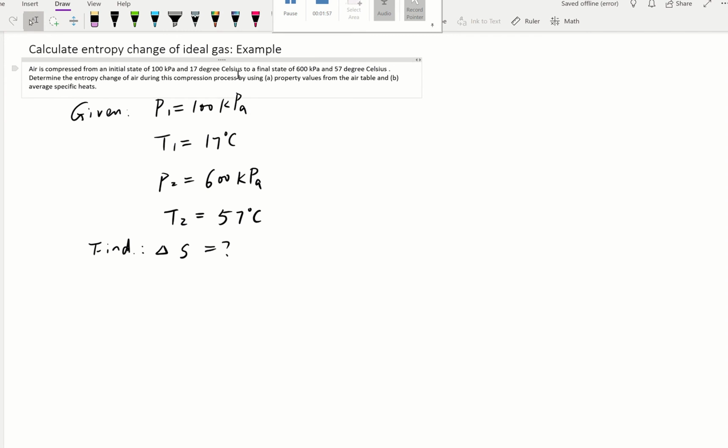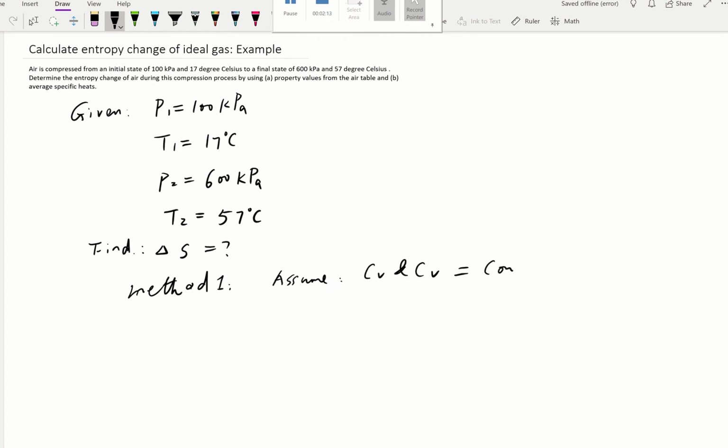We're talking about method number one, which assumes CV and CP to be constant values that do not change. With that, we come up with two equations.